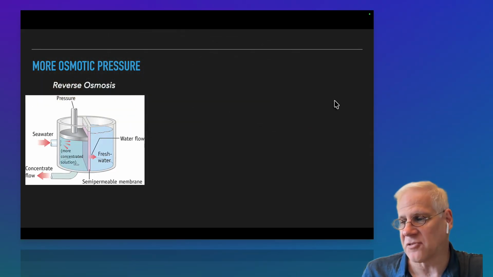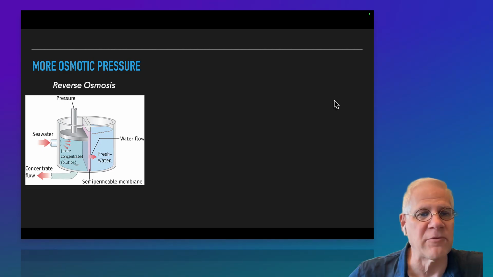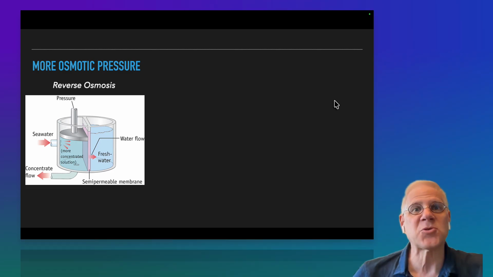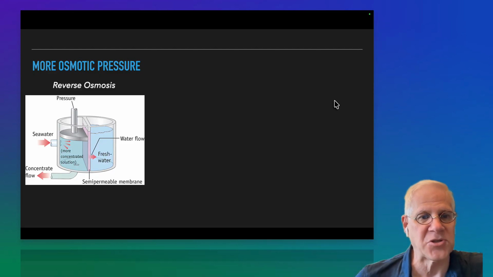And just some applications of osmotic pressure. You may or may not have heard of the process called reverse osmosis. This is where we force water out of the concentrated solution through the semi-permeable membrane and into where the pure water is. Now, that's not the direction that the water wants to go.